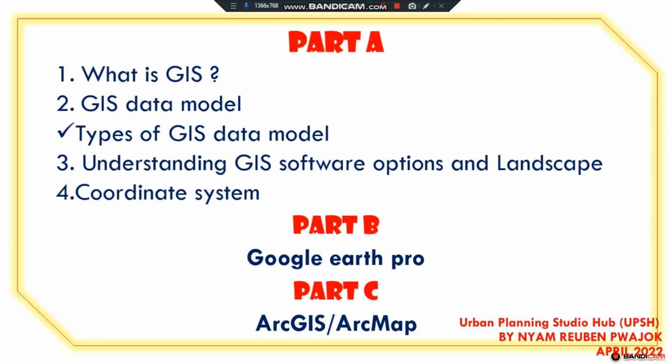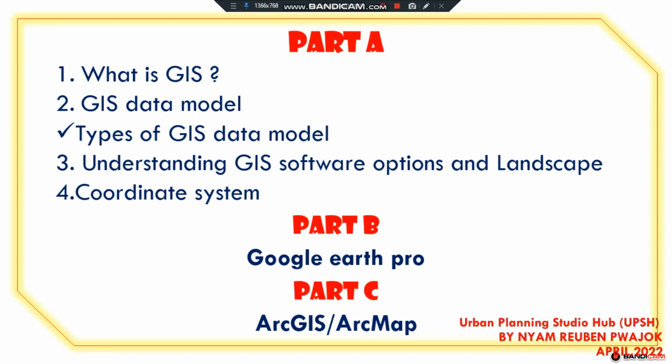Now, the program is segmented into two segments. Part A, we'll be talking about what GIS data models are and the types of GIS data models. We'll also be looking at understanding GIS software options and landscape.